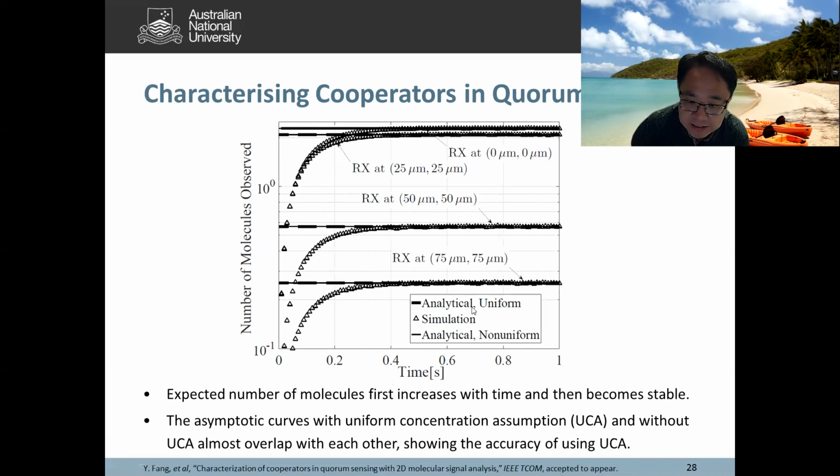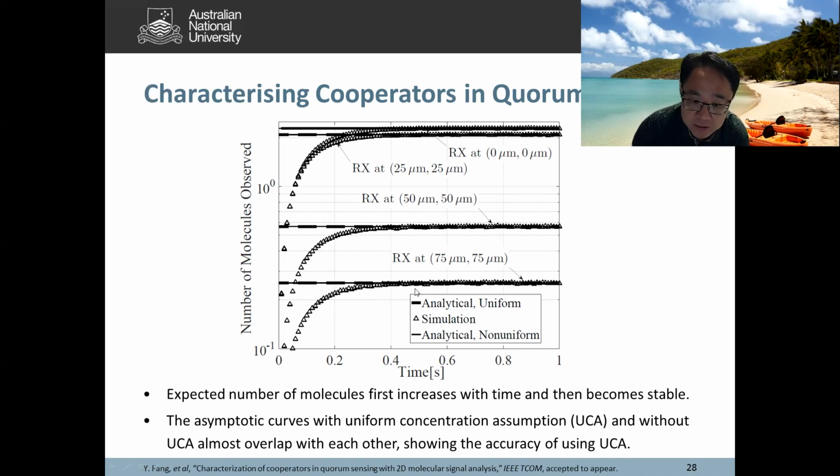For the first analysis, we consider the UCA assumption, the uniform concentration assumption. And in the second analysis, we consider a non-uniform assumption, which is the results without the uniform concentration assumption. We find that these two results almost overlap with each other, showing that the assumption of uniform concentration is accurate.